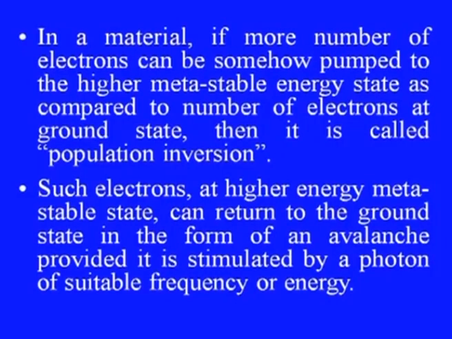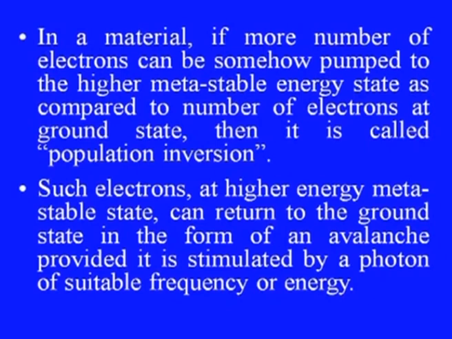In a material, if more number of electrons can be somehow pumped to the higher metastable energy state as compared to number of electrons at ground state, then it is called population inversion. This is what we have already discussed.